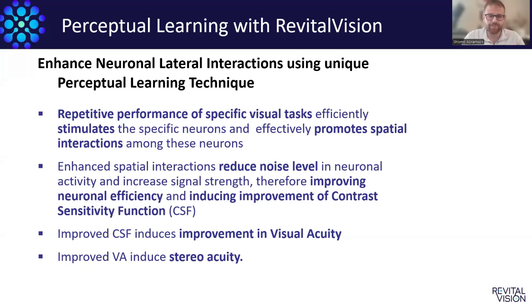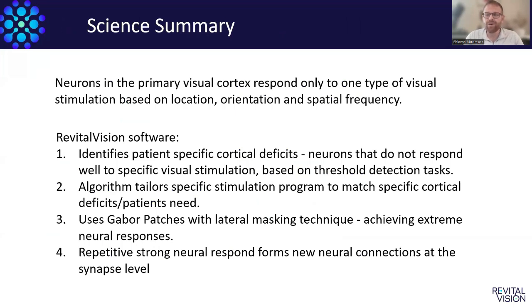To summarize RevitalVision Science, neurons in the primary visual cortex respond only to one type of visual stimulation based on location, orientation, and spatial frequency. RevitalVision software identifies the patient-specific cortical deficits, neurons that do not respond well to specific visual stimulation based on threshold detection tasks.